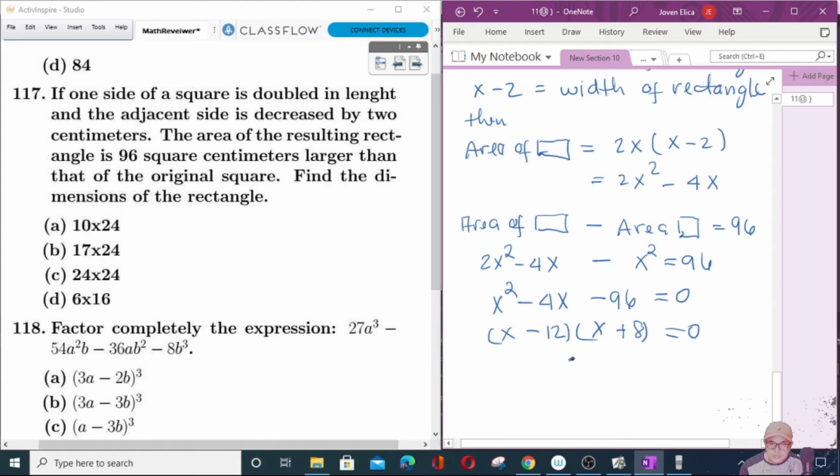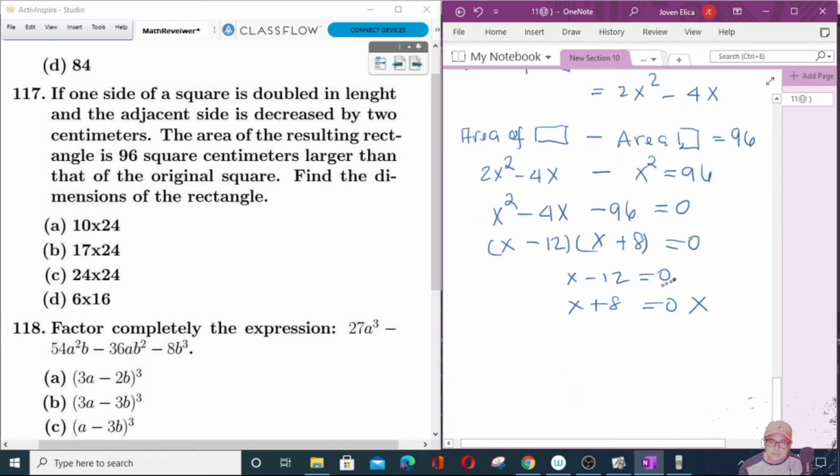So the value of x is x minus 12 equals 0, and x plus 8 equals 0. Since this is negative, we neglect the negative value. We need the positive value, which is x equals 12. Positive 12.